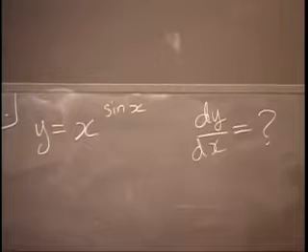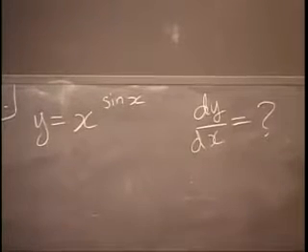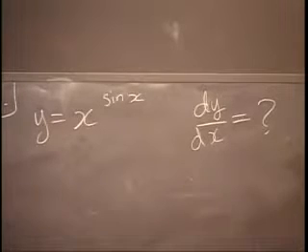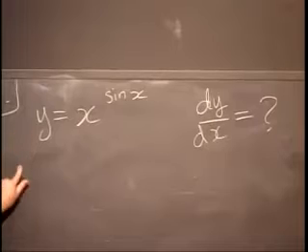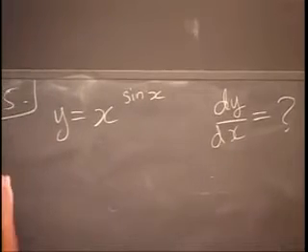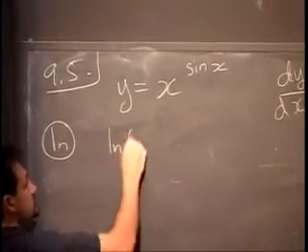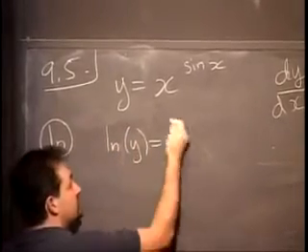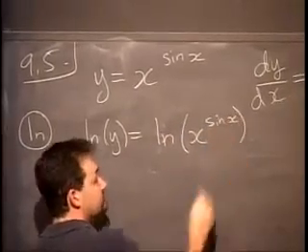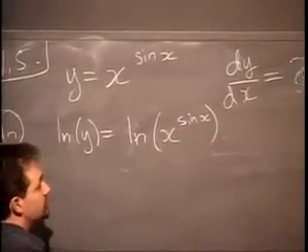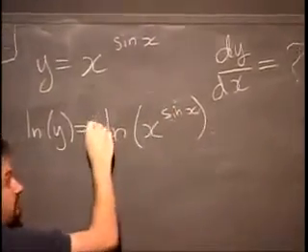There's two ways of doing it. I'm just going to show you one method which I think I like better. It's much of a muchness, but this is how I like to do it. If this is what y is, I take log of both sides. And you get log of y is log of x to the power sine x. But of course, log of x to the y, the exponent comes out the front.